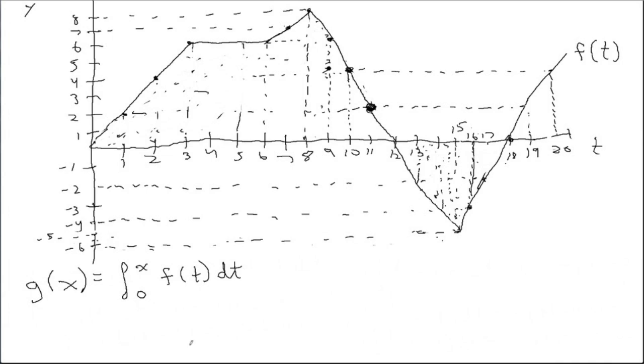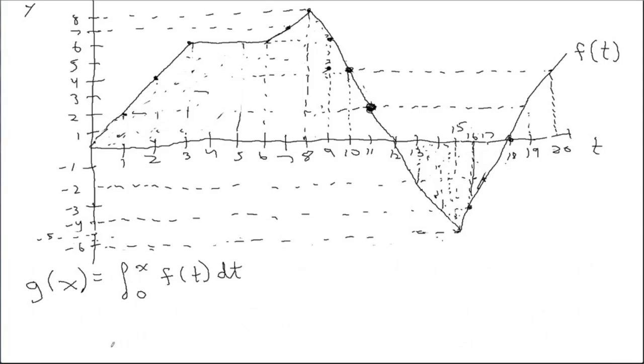What's weird about this? The weird thing is now there's a variable as the limit of integration. Before we had numbers up here, but now I have a variable as this limit of integration. By the way, you can kind of see now why we had to call this the t-axis, because we were saving x for something else.